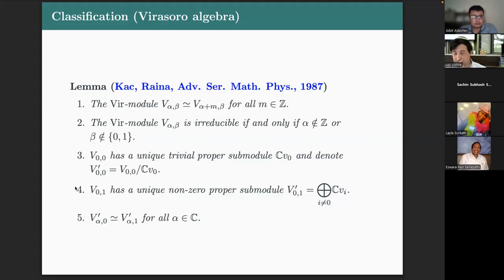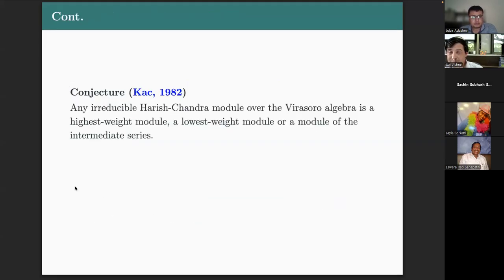Are there any other modules for the Vir algebra? After much work tackling this, it finally led to a conjecture by Kac: for any irreducible Harish-Chandra module over the Virasoro algebra, these are the only modules. Either you take highest weight modules, lowest weight modules, or a module of the intermediate series.